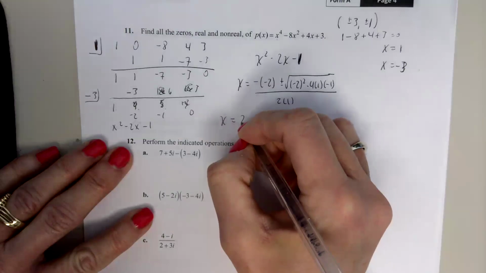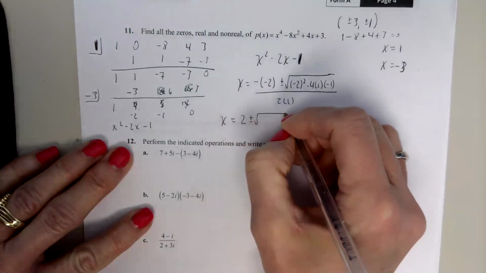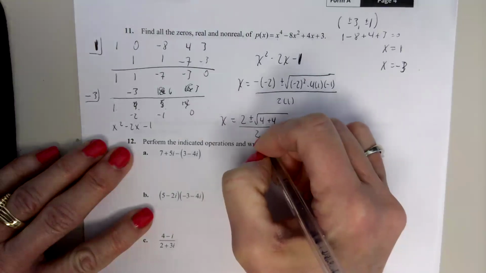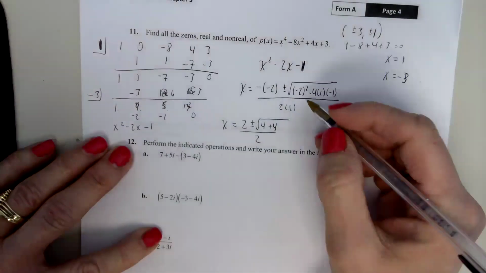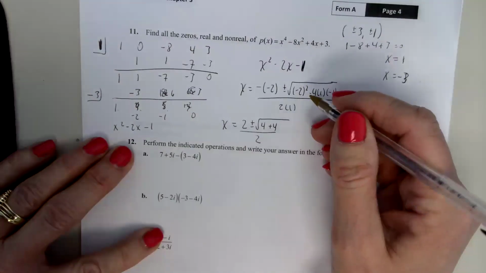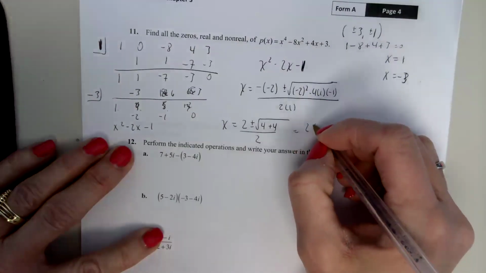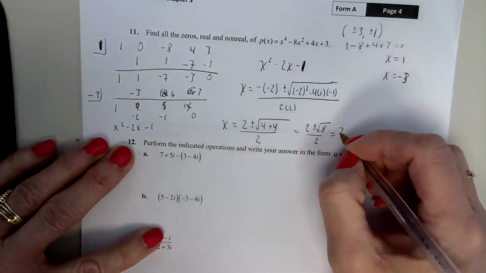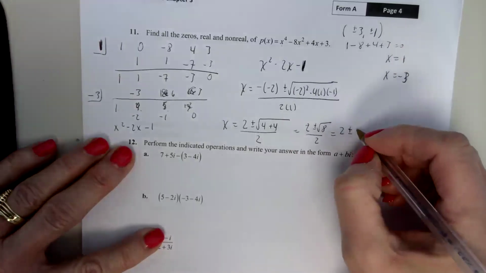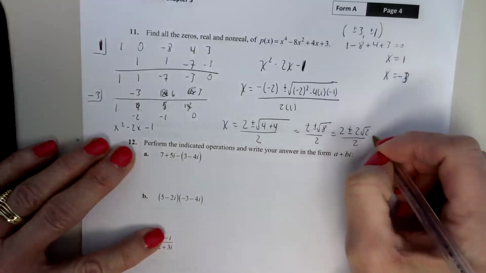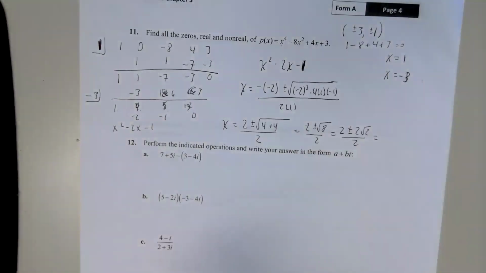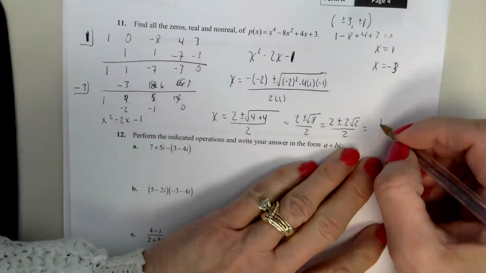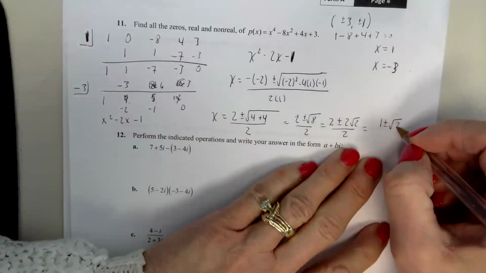So x equals 2 plus or minus the square root of 4 plus 4 over 2. So that's 2 plus or minus the square root of 8 over 2. And that's 2 plus or minus the square root of 8, which is really 2 times the square root of 2, over 2. And so this simplifies, the 2's cancel, and I have 1 plus or minus the square root of 2.